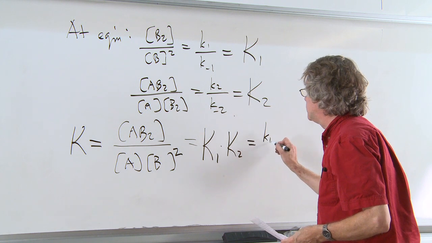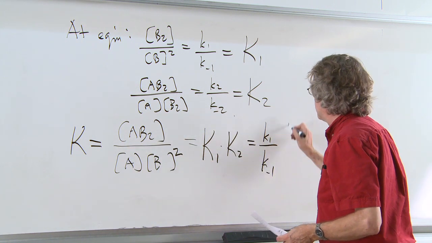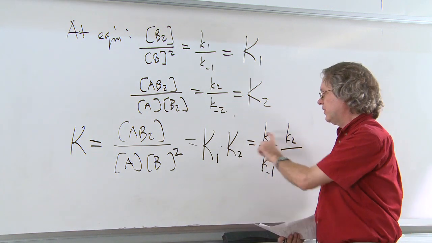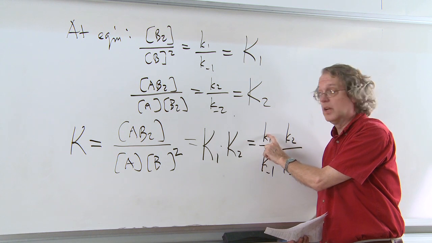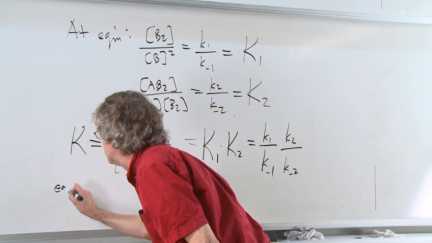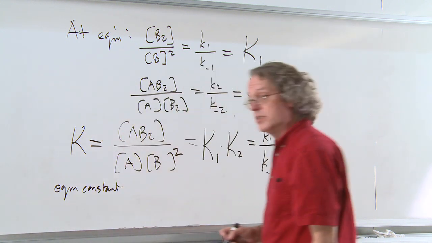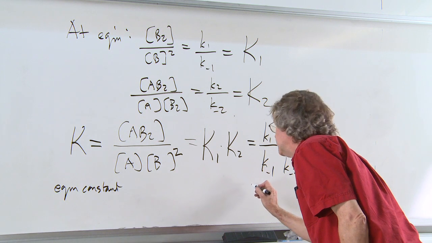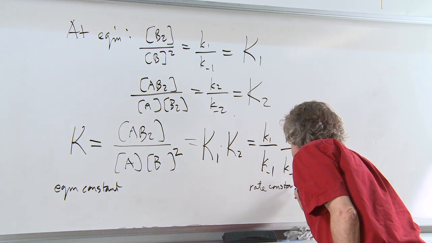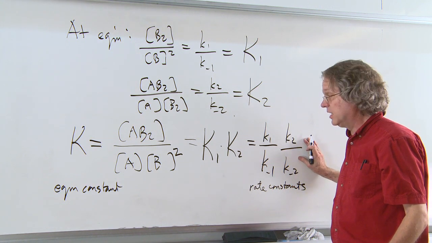And so in this case, we see that the overall equilibrium constant is now, again, a ratio of forward and reverse rate constants, but now there are multiple pieces in here that come from the multiple steps in the reaction. So again, there's the equilibrium constant on one side, independent of concentration, dependent on temperature, and on this side we have rate constants for the steps in the mechanism that are also independent of concentration but dependent on temperature.